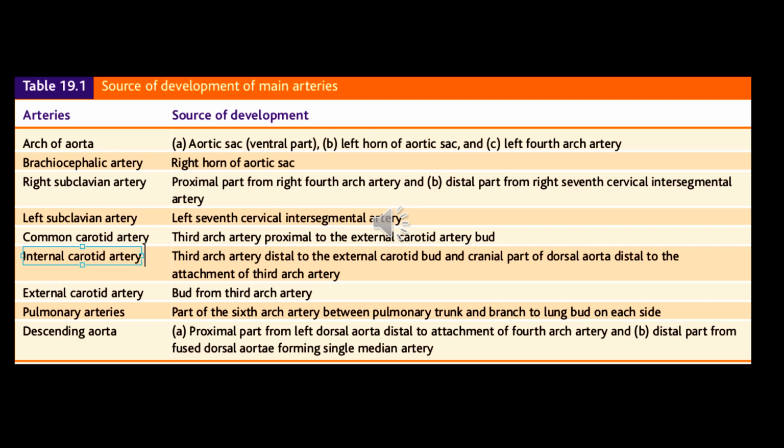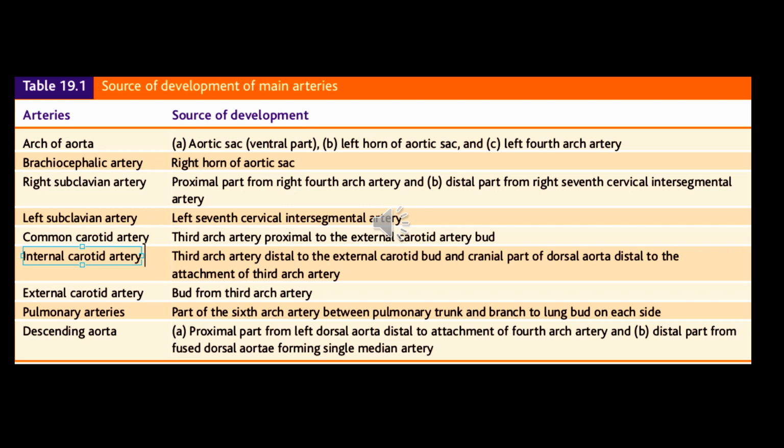So, the part of the left dorsal aorta and the distal part of the fused dorsal aorta, where it forms a single median artery. Till that fusion, the descending aorta is derived mainly from the left dorsal aorta, with a small contribution from the left fourth arch artery.